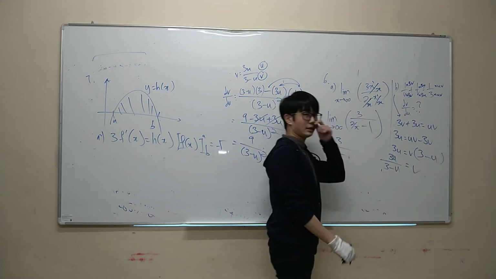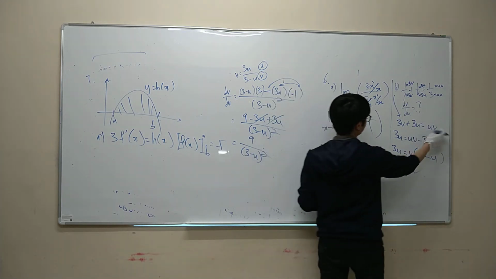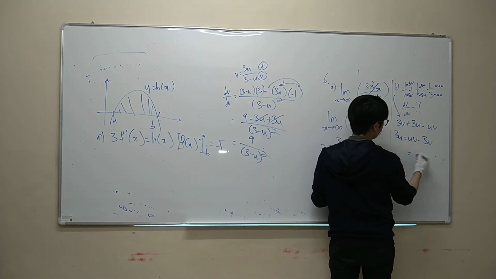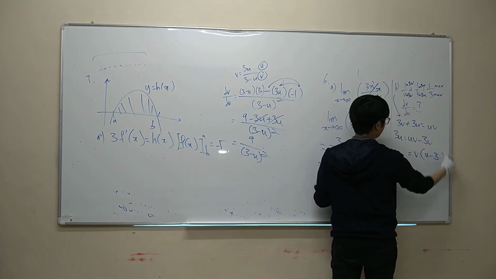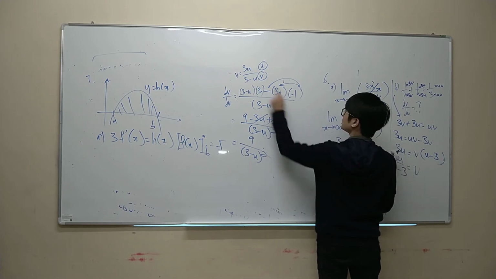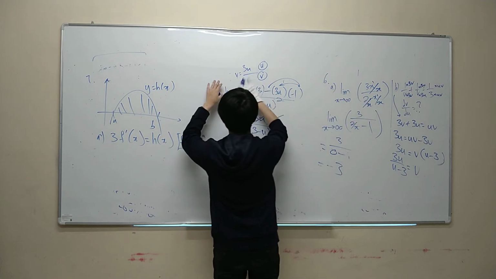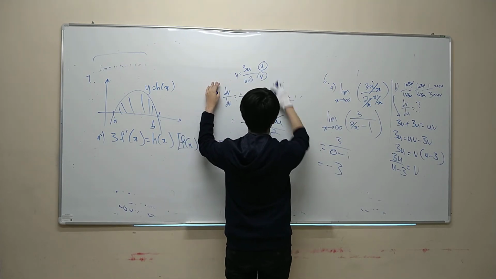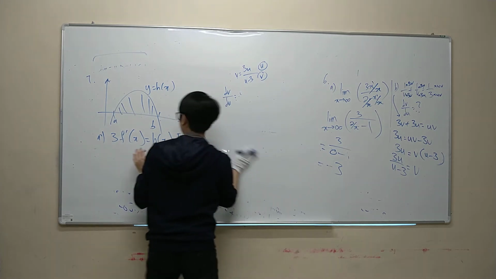Sorry, I made a mistake. So you should be uv minus 3v, right? Factorize v is u minus 3 here, and then v will be 3u over u minus 3. So it's not 3 minus u here, it's u minus 3, sorry. Let's erase the whole thing and do it again.